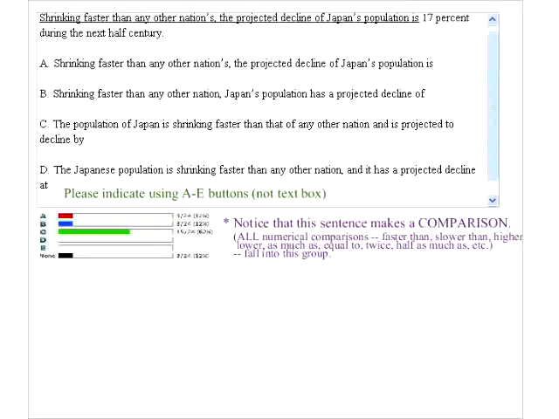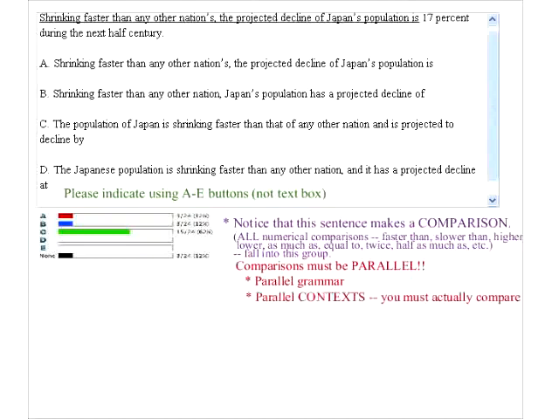So comparisons must be parallel. This means you've got to have parallel grammar, that's true. But it also means that you've got to have parallel contexts, which means you must actually compare things that are comparable in the first place.